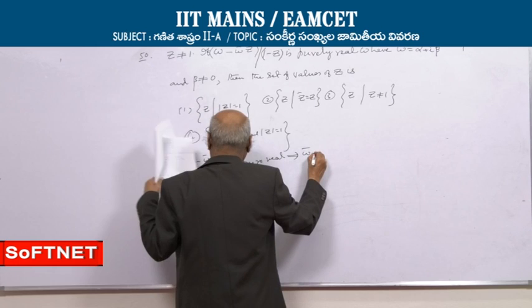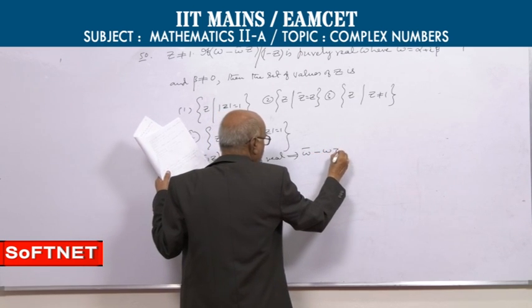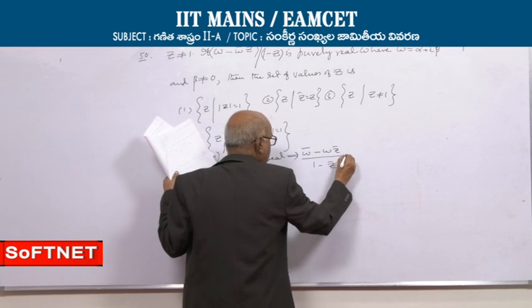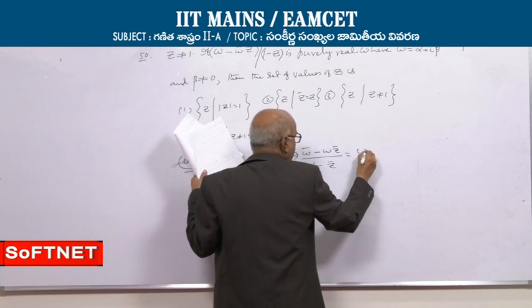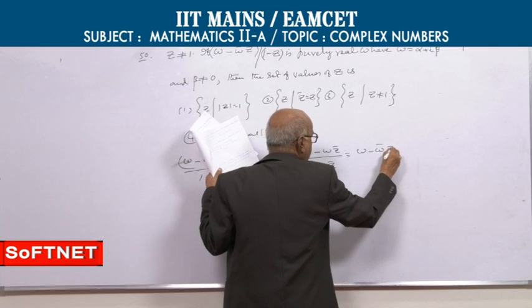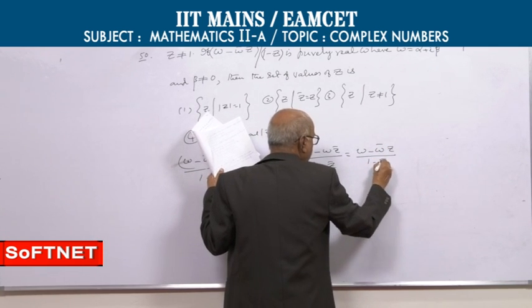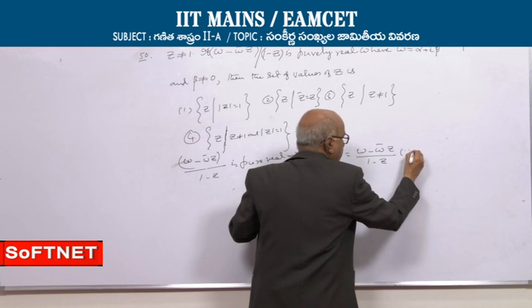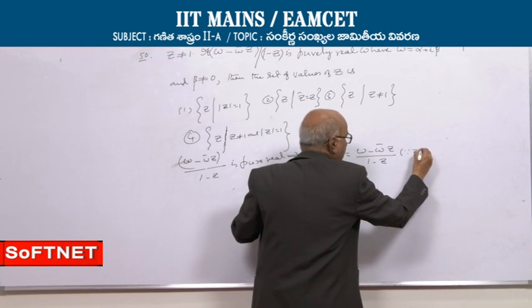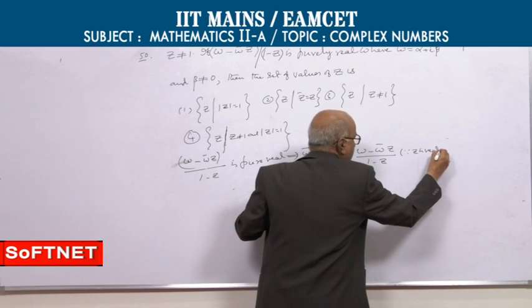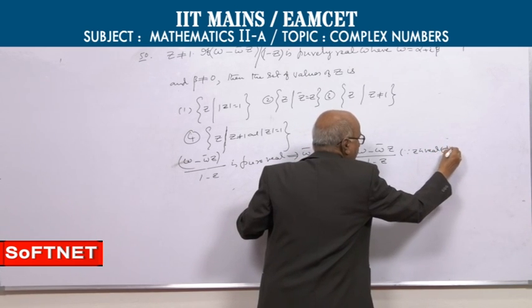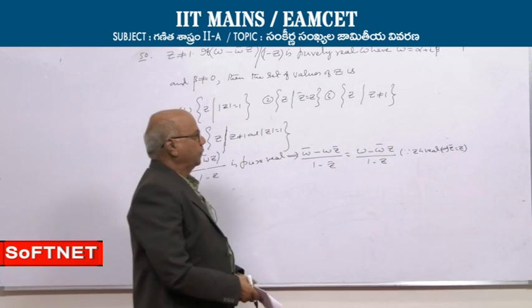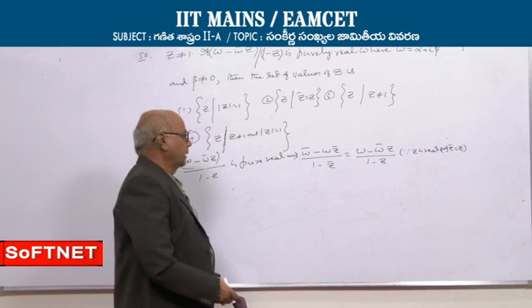So (ω̄ − ωz̄)/(1 − z̄) = (ω − ω̄z)/(1 − z), since z is real if and only if z̄ = z.